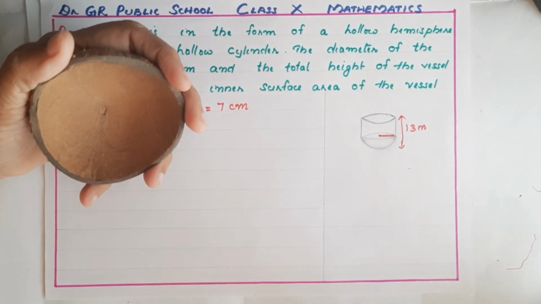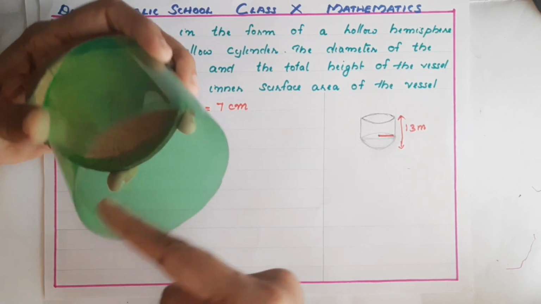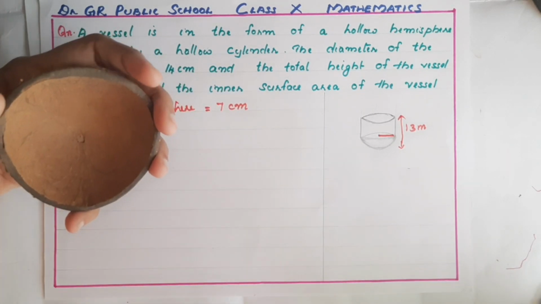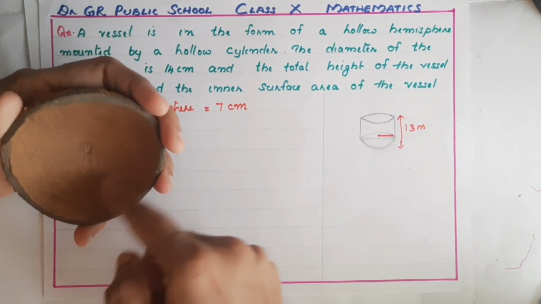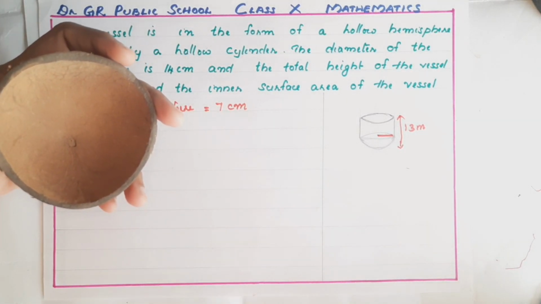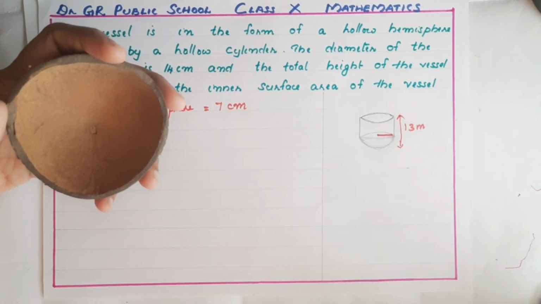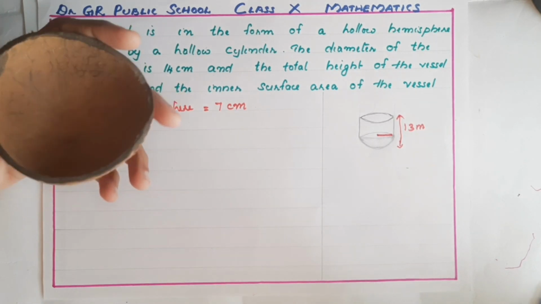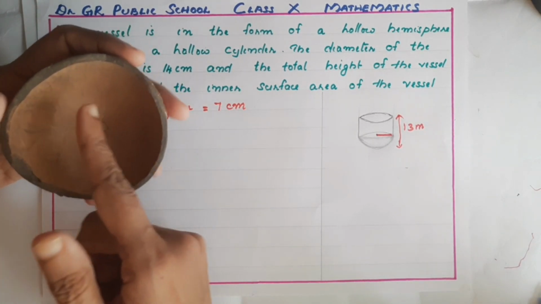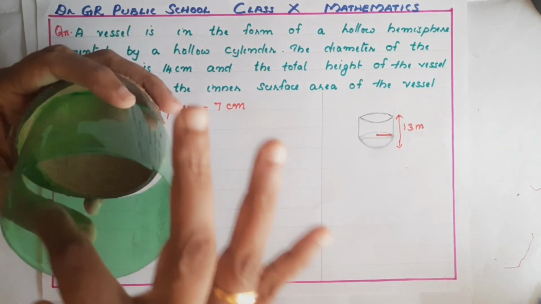So to get the total inner surface area, we have to add the inner CSA of the cylinder plus the inner CSA of the hemisphere. You know how to find the CSA of a cylinder and the CSA of a hemisphere. There is no difference between inner surface area CSA and outer surface area. We have to consider only the CSA of the hemisphere and the CSA of this cylinder.